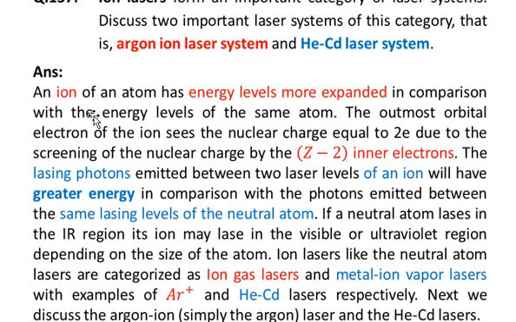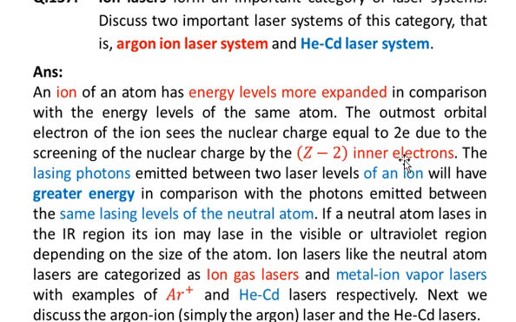The answer is, an ion of an atom has energy levels more expanded in comparison with the energy levels of the same atom. The outermost orbital electron of an ion sees the nuclear charge equal to 2e due to the screening of the nuclear charge by the Z-2 inner electrons.